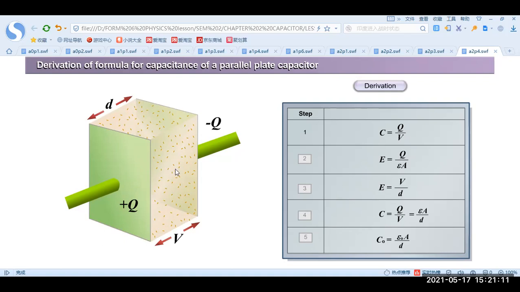Meanwhile, if we have only vacuum between the two plates, the electron is possible to move through the vacuum, so it can jump.